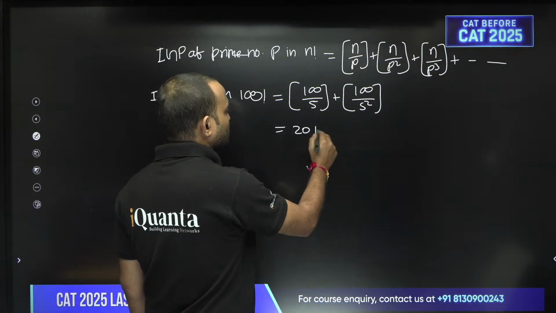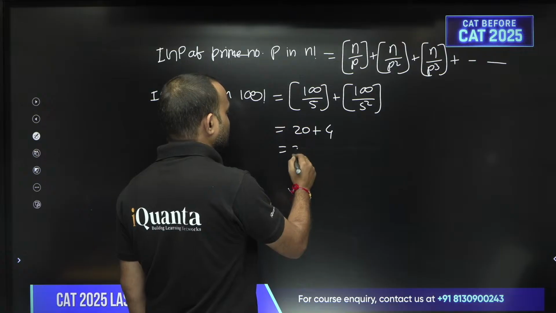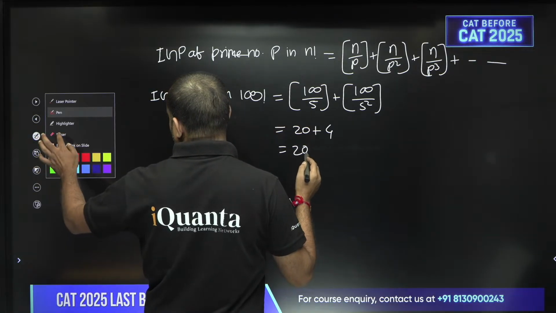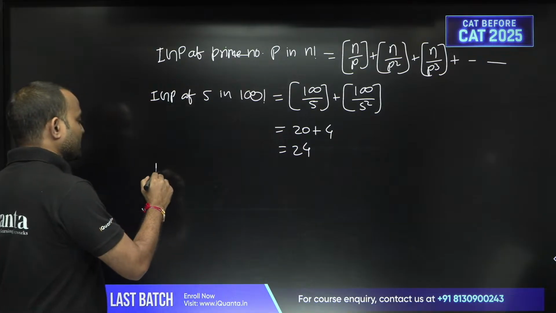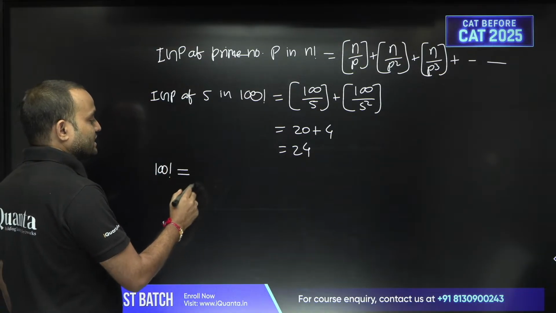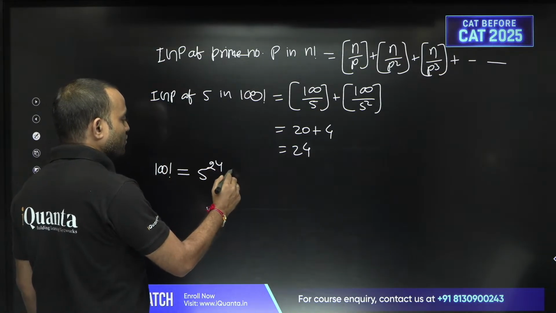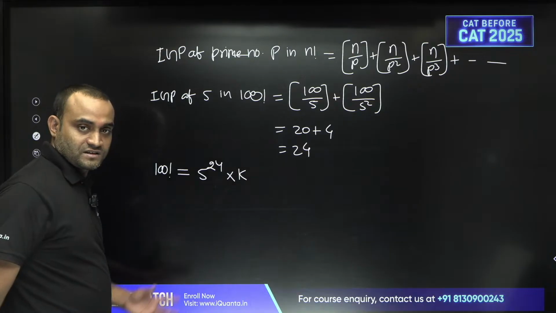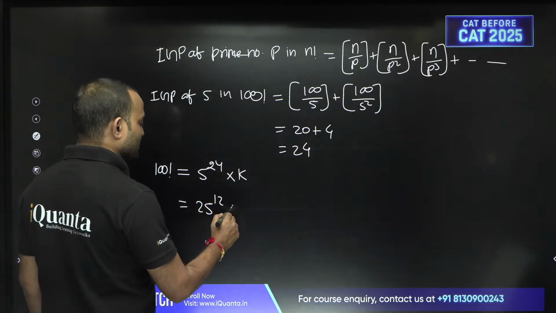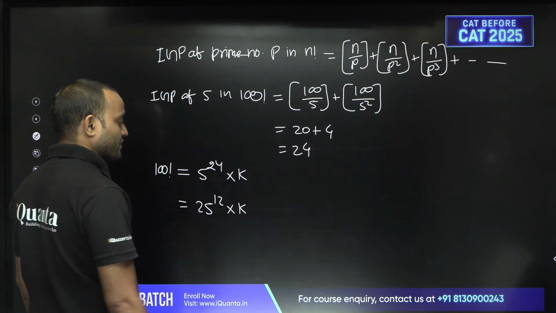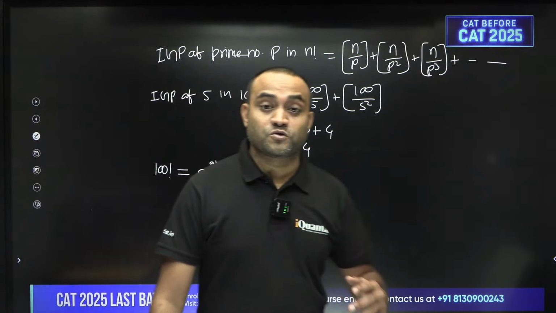This will be equal to 20 plus 4, that is equal to 24. That means 100 factorial can be written as 5 to the power 24 and rest of the factors, or you can also write it as 25 to the power 12 and rest of the factors. So, IGP of 25 will be 12.